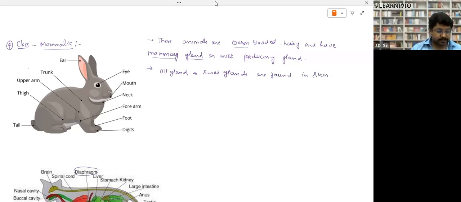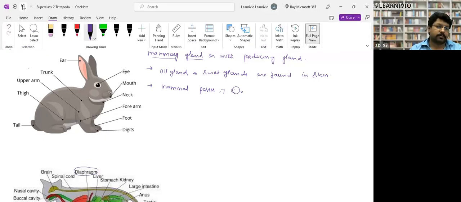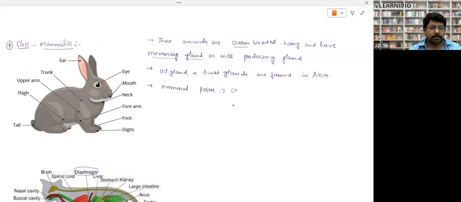Next point, mammals possess seven cervical vertebrae. Cervix means neck. This neck part is called cervix.